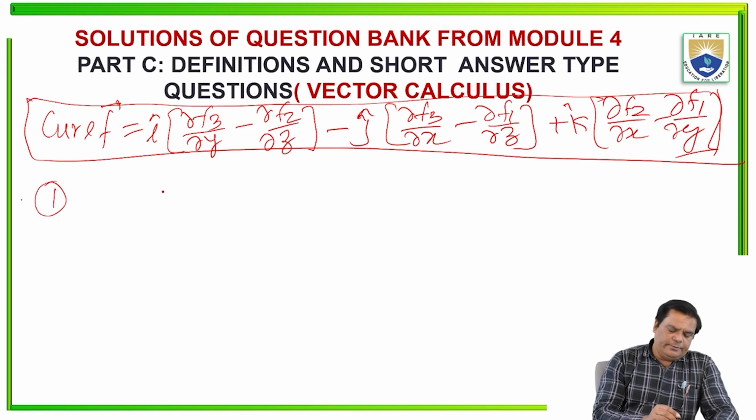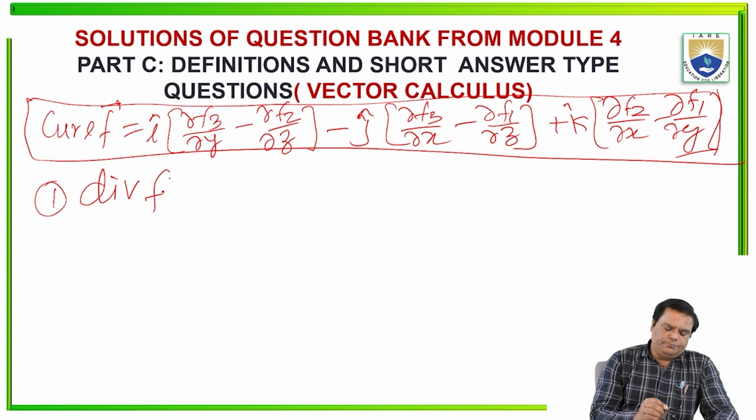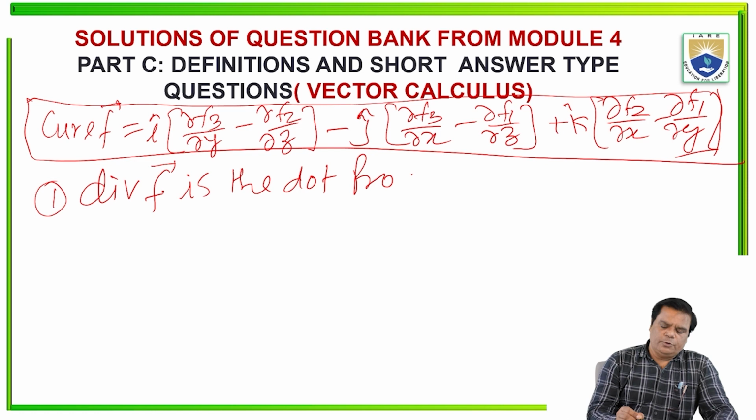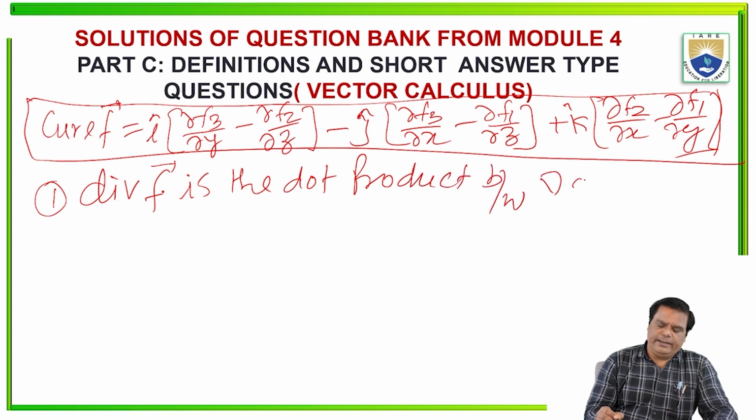Number 1 point, divergence f is the dot product between del and f vector point function.